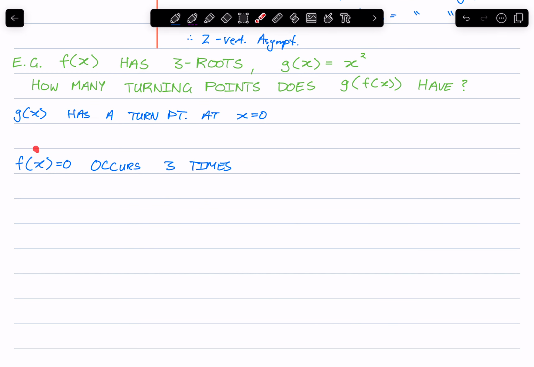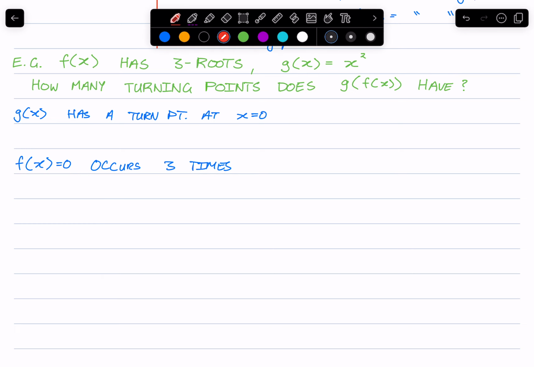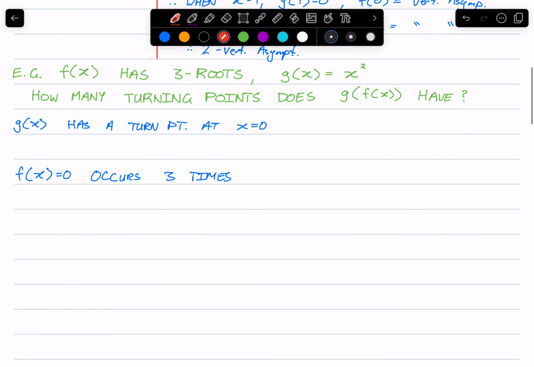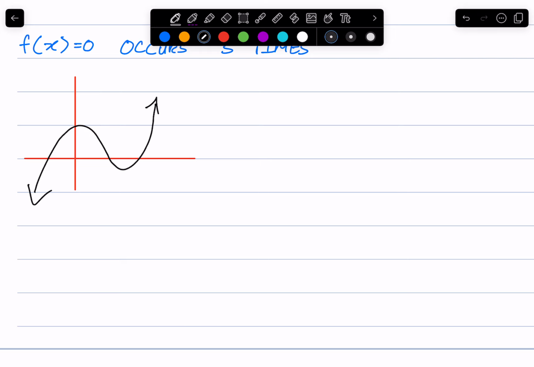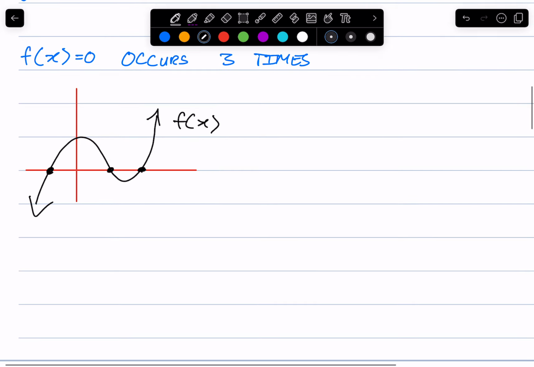Well, since f of x has 3 roots, I'll just make a possibility of what f could look like. F of x could have 3 roots, so 1, 2, 3. There's 1, there's 2, there's 3. This is a possible graph of f of x.